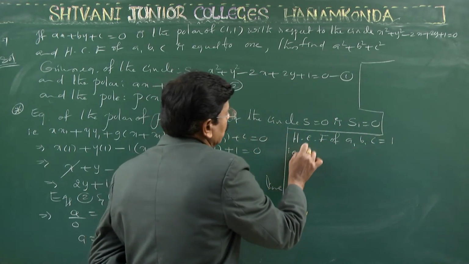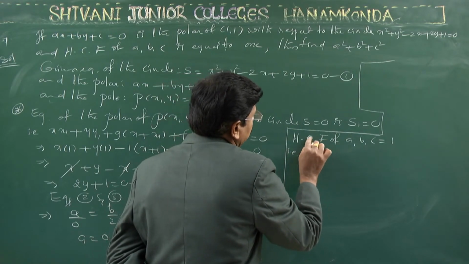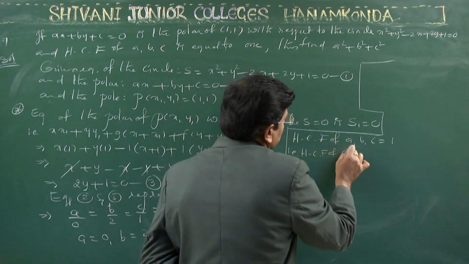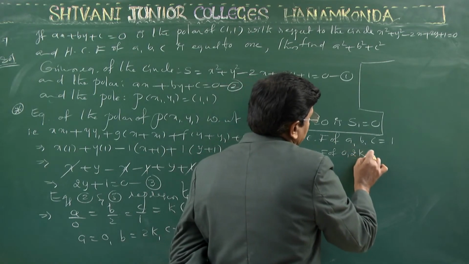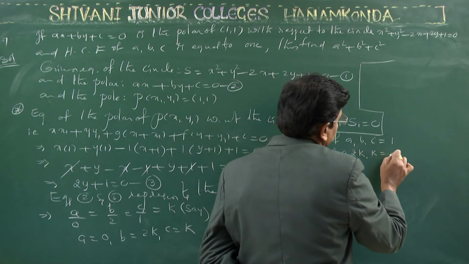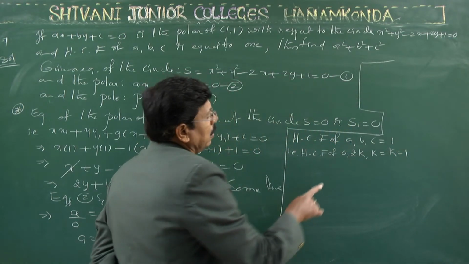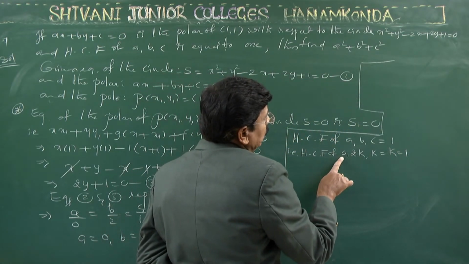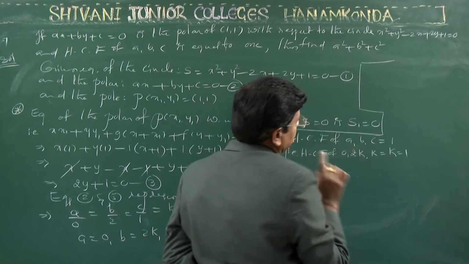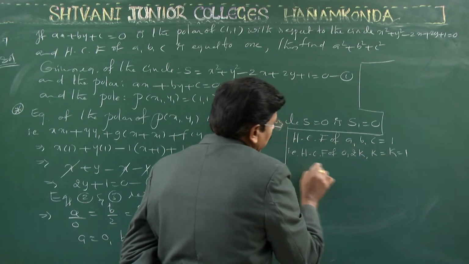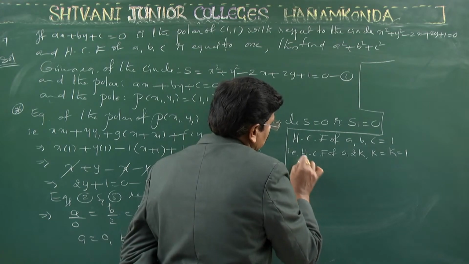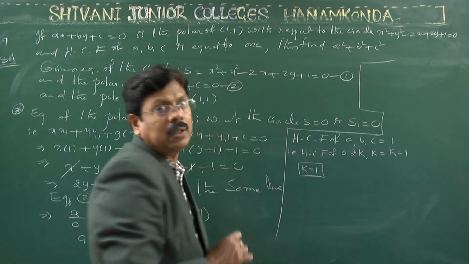So the HCF of 0, 2k, k is k, which is equal to 1. Its total result is k into 0, k into 2, k into 1. But now we have the result k is equal to 1.